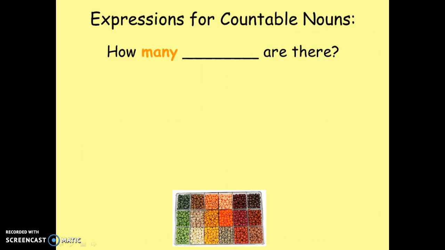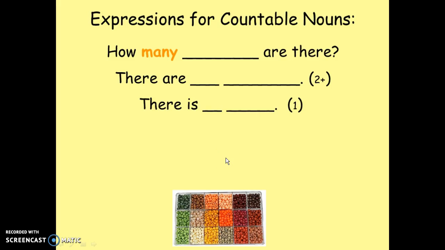When we're asking a question about a countable noun, we say, how many are there? Many is always used for countable nouns. For example, how many students are there in your class? How many pencils are in your bag? How many Avengers does it take to beat Loki? When we answer, we use there are for plural objects, more than 1, or there is for singular objects, only 1.